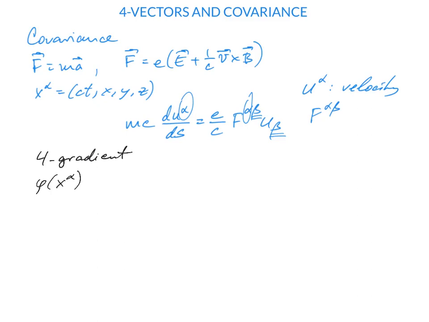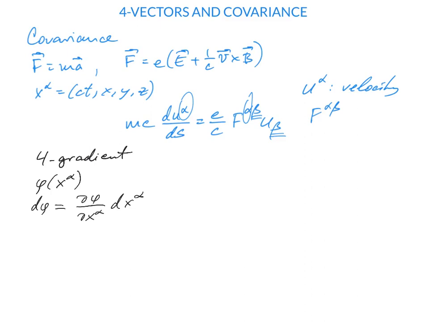Let's try to write its differential. The differential is obviously a scalar too. And in terms of the usual rules of calculus, we can write it as d phi over dx alpha times dx alpha. So the summation is assumed here, and here it's just a definition of partial derivatives.